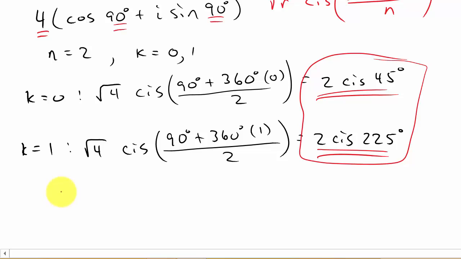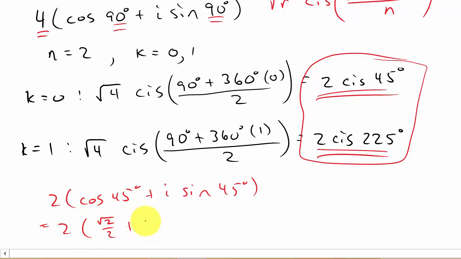That would be 2 times cosine 45 plus i times sine of 45 degrees. Well, remember that's square root of 2 over 2 plus i times sine of 45, which is square root of 2 over 2. And then if I distribute the 2, the 2's in the bottom cancel, so that would be square root of 2 plus i square root of 2.